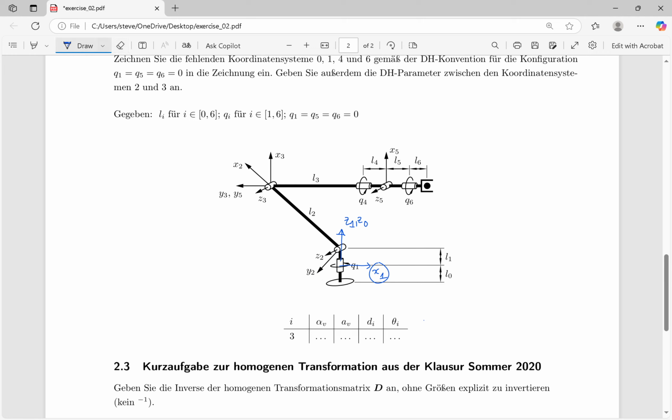And now, since we have that, we can have y1, which according to the right hand rule would be this way.